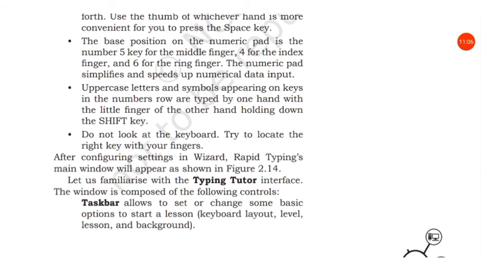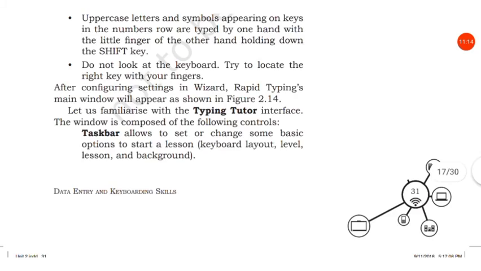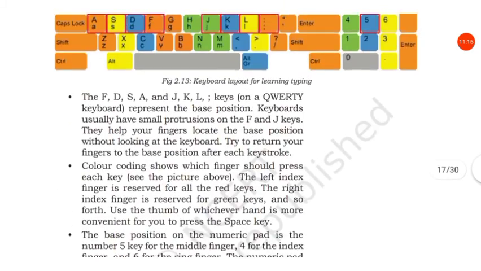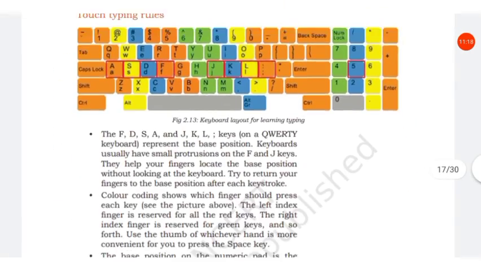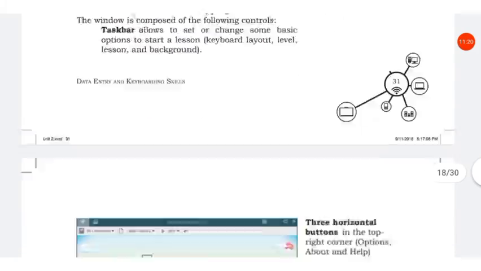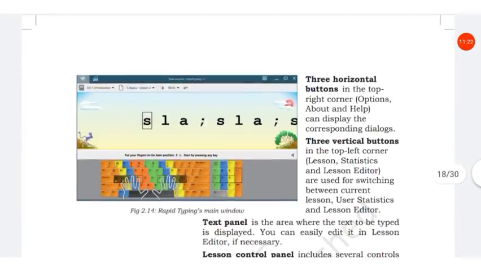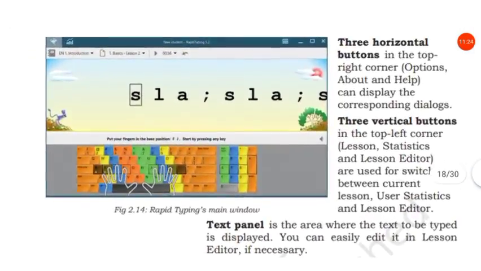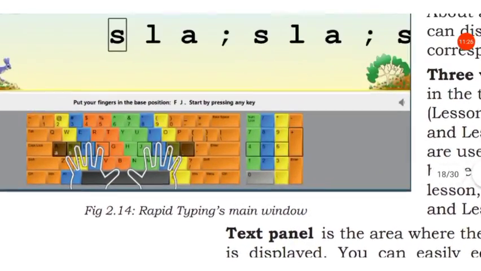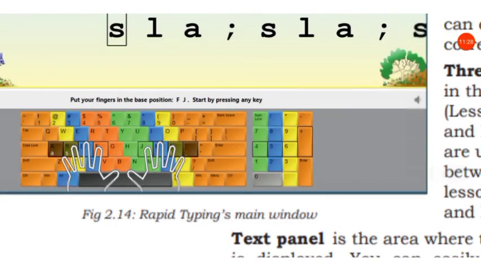Then do not look at the keyboard and try to locate the right key with your fingers. So these are the rules to be followed while touch typing. You should place your fingers in this position.